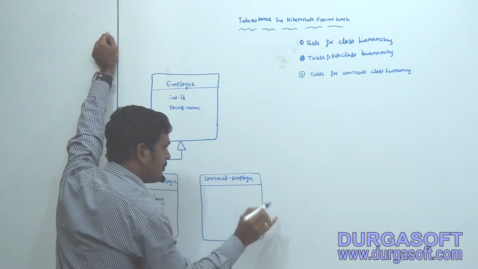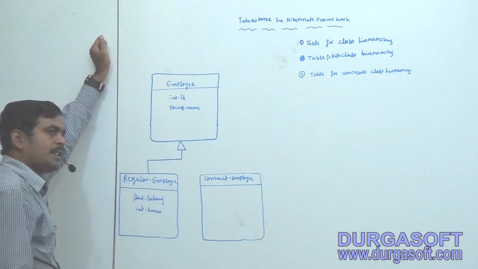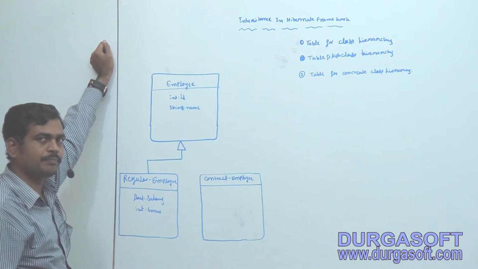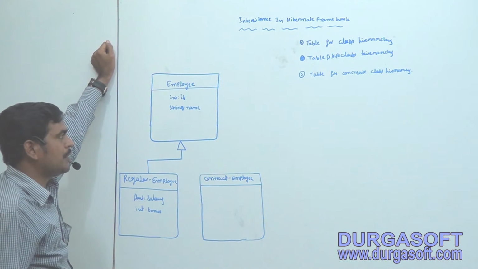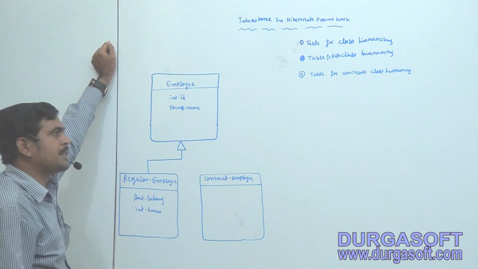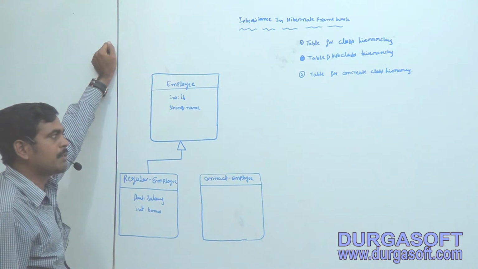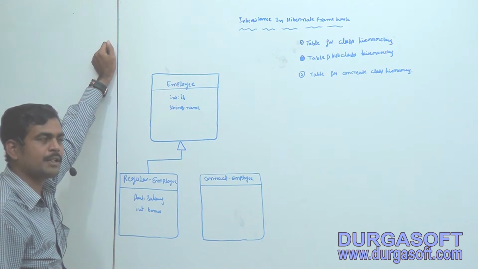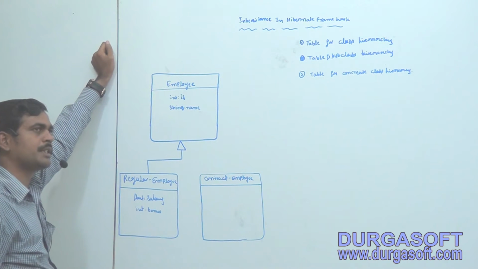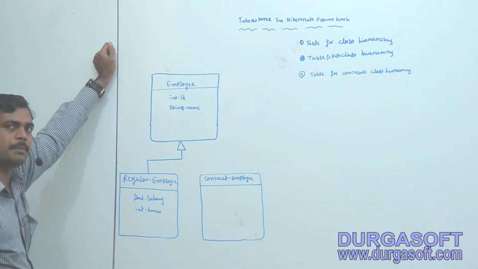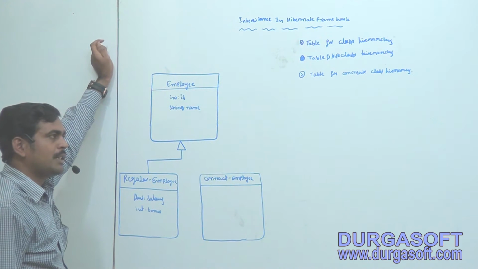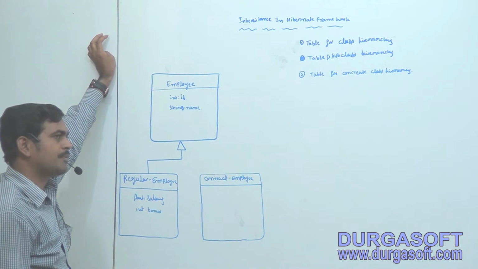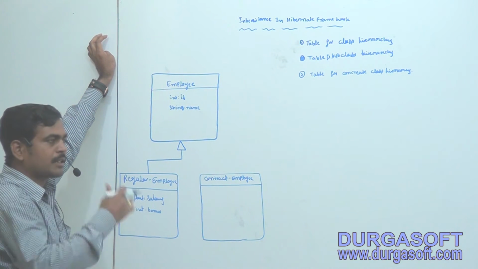In real time, 30-50 properties are available for one POJO class.